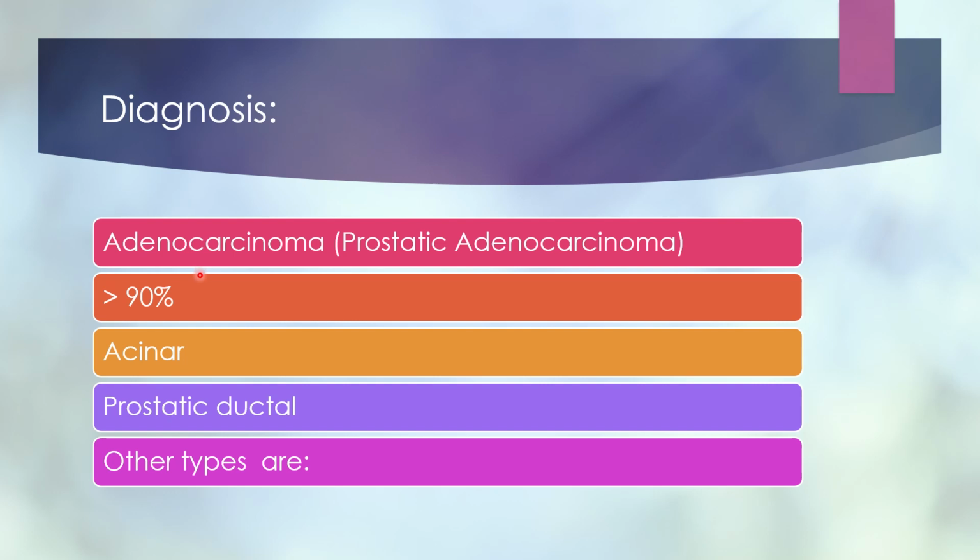You can almost close your eyes and tell anyone who walks into your office and says they have been diagnosed with prostatic cancer that they are likely having prostatic adenocarcinoma, because greater than 90% of prostatic cancer diagnosed will be adenocarcinoma, prostatic adenocarcinoma, or adenocarcinoma of the prostate.